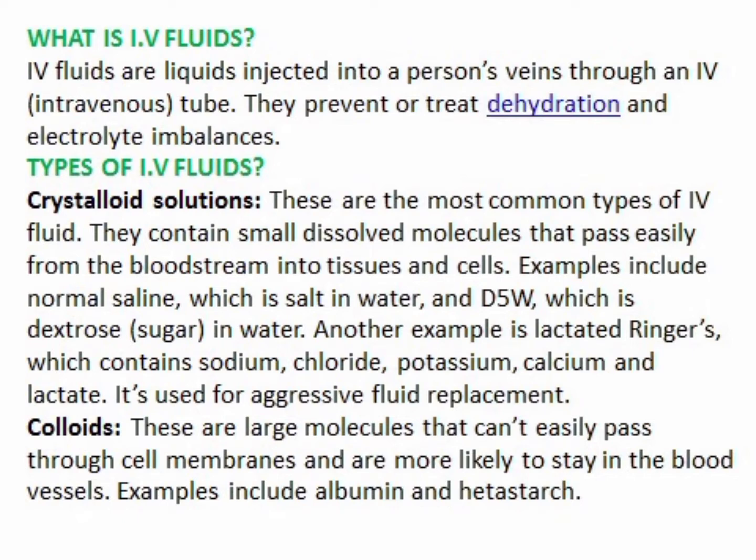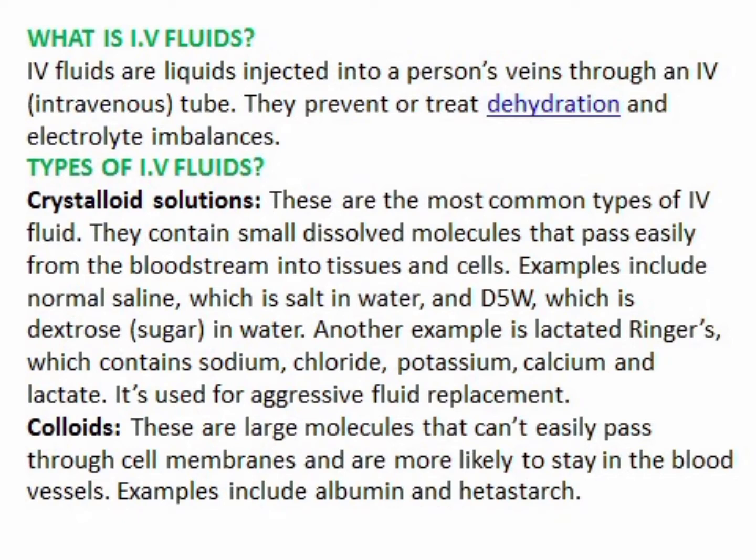These solutions contain small dissolved molecules that pass easily from the bloodstream into tissues and cells. Examples: normal saline, which is salt in water, and dextrose water, which is dextrose, in the sense sugar, in water.